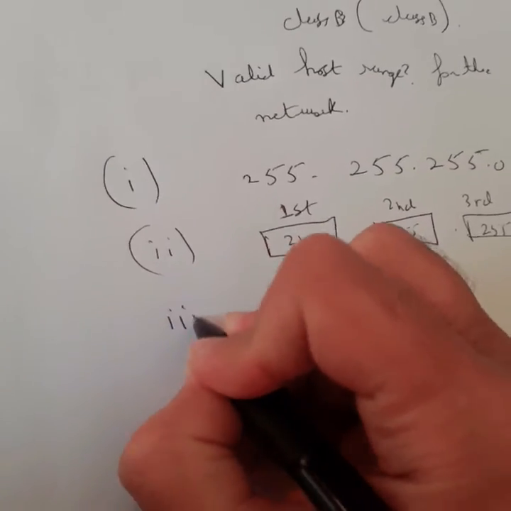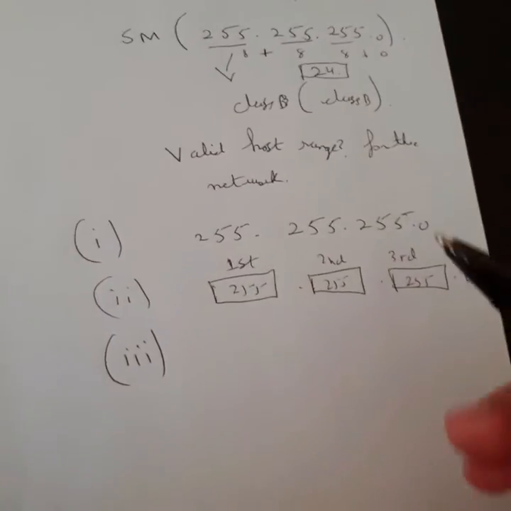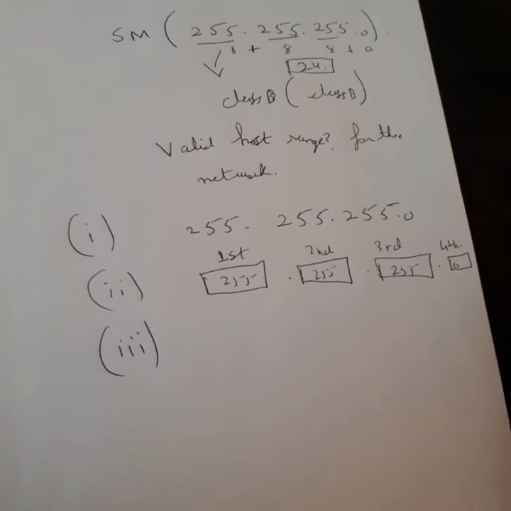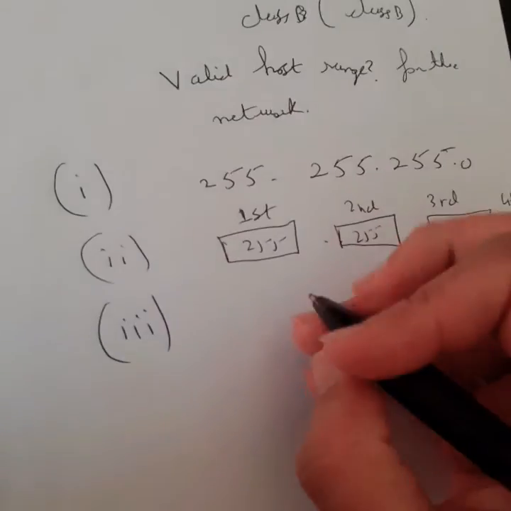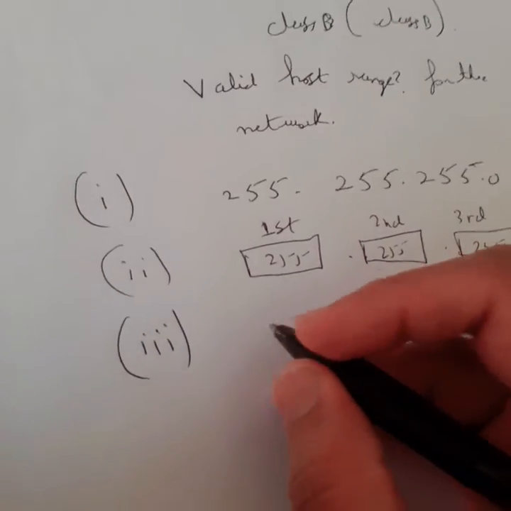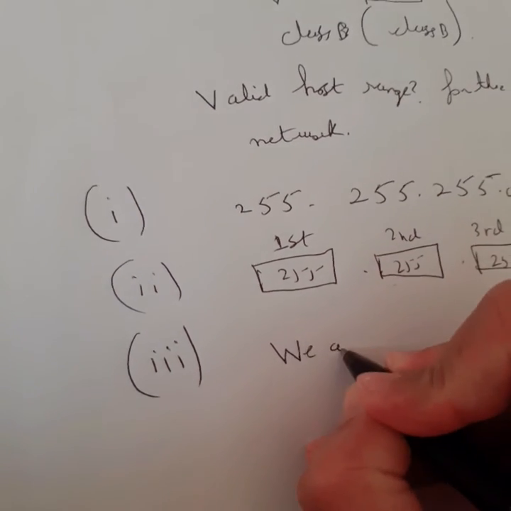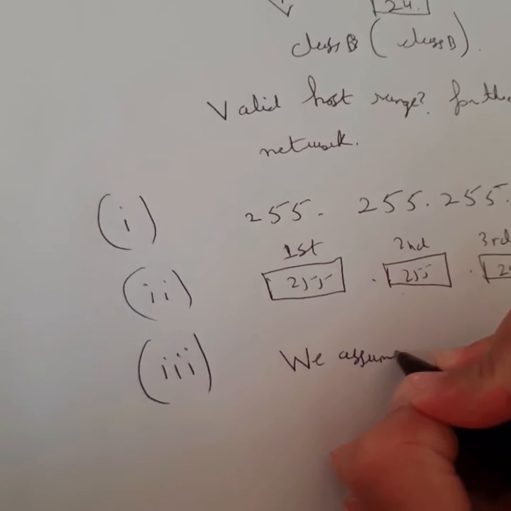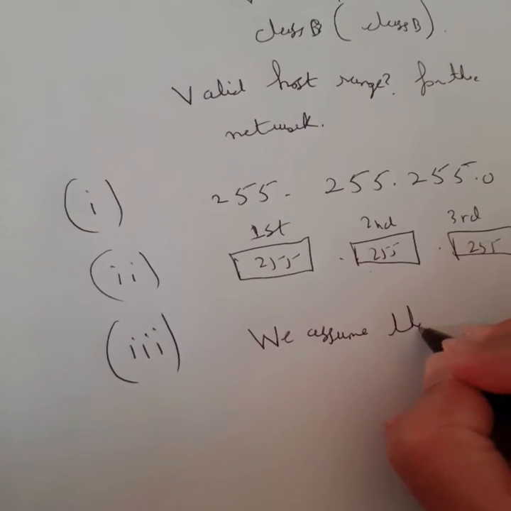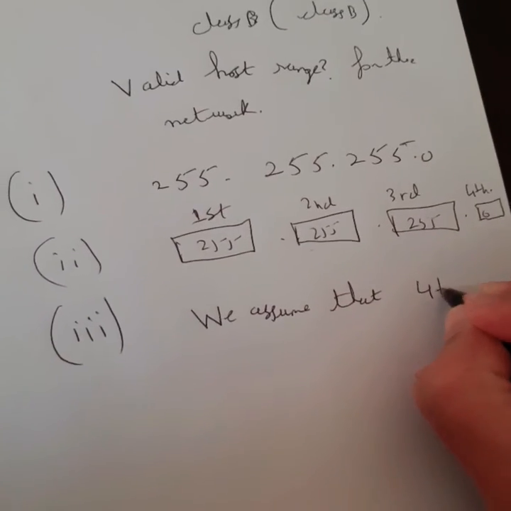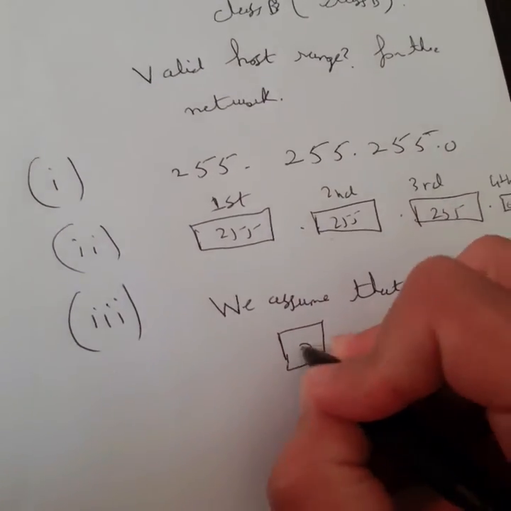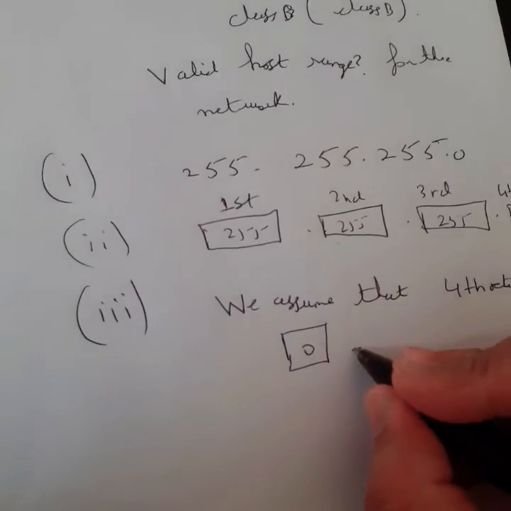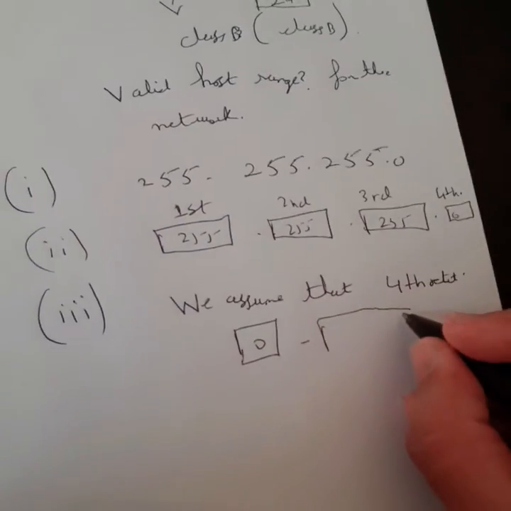Now, in order to get the ranges that we want, we have to assume that our fourth octet is 1. The fourth octet, which you all know is a 0, we will convert into 1.